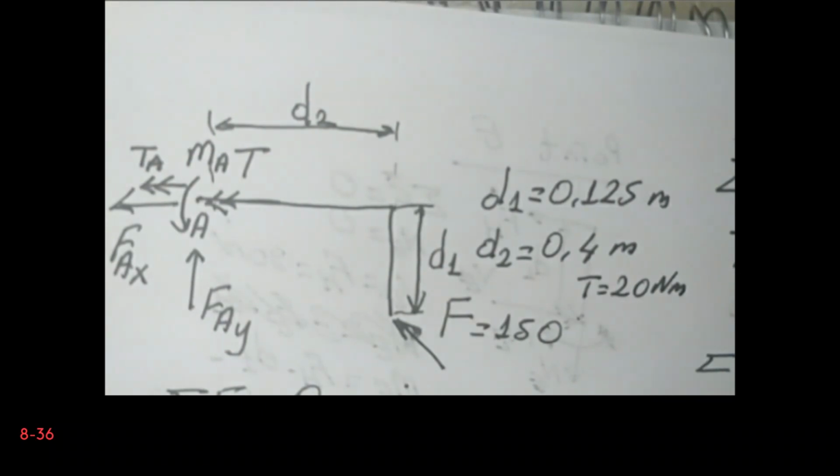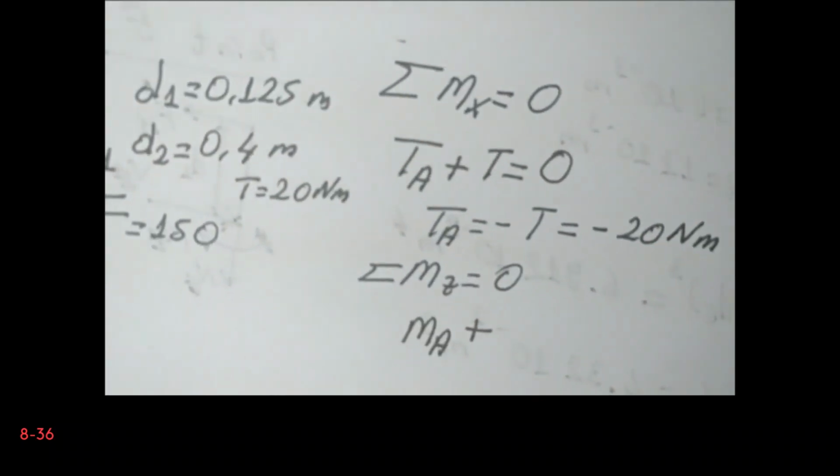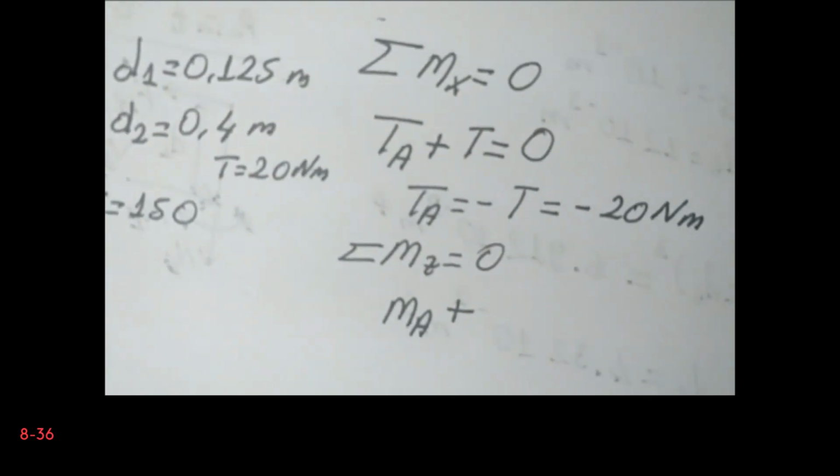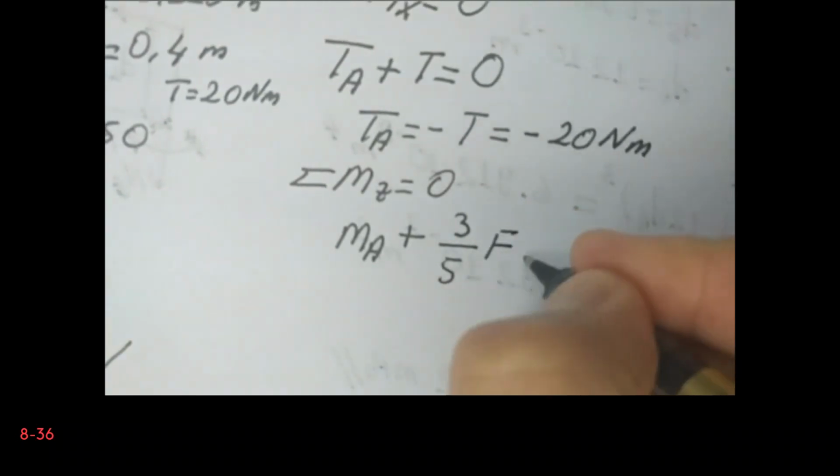Okay, now we can calculate the MA. So in the y direction, force applied to the handle generates a moment. So it is 3/5 F multiplied by d2, and force in the x direction applied to the handle will generate a negative moment in this case.